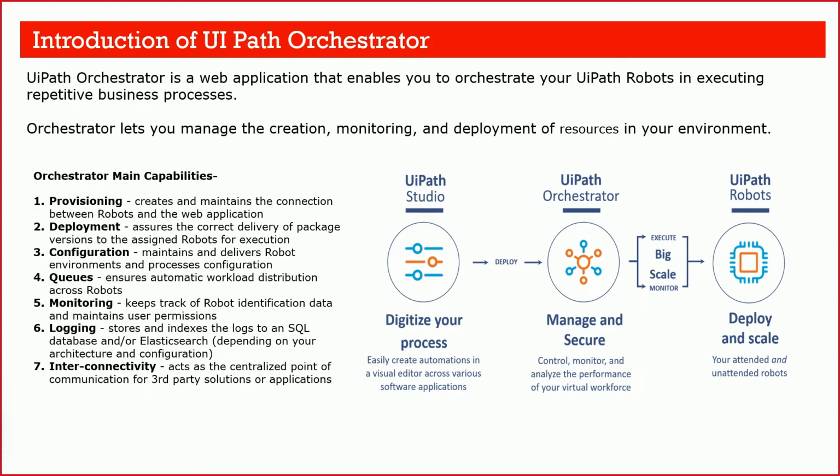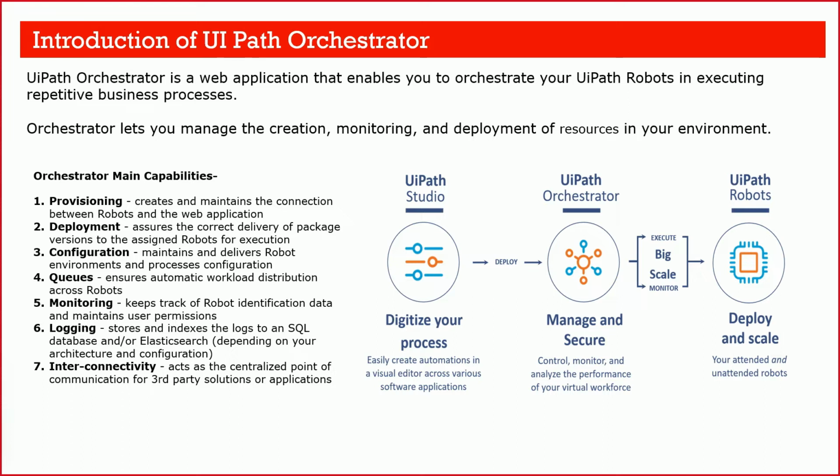And then a very important point, which is interconnectivity. UiPath Orchestrator works as a central point of communication for any third-party solution and application. For example, say you want to automate and communicate with other third-party systems like CyberArk, or maybe Workday or ServiceNow.